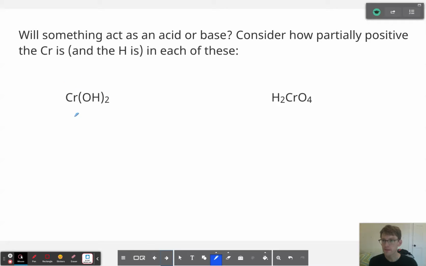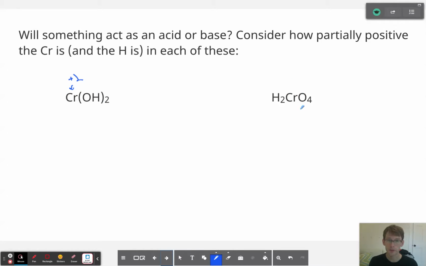Well, this is going to be a base, and we can explain that just by looking at how partially positive the chromium is in each of these 2 compounds. So if I look at the Cr in this case, I know if I look at the oxidation numbers, my hydroxide needs to be -1 overall, and if I've got 2 of them, my chromium is +2.